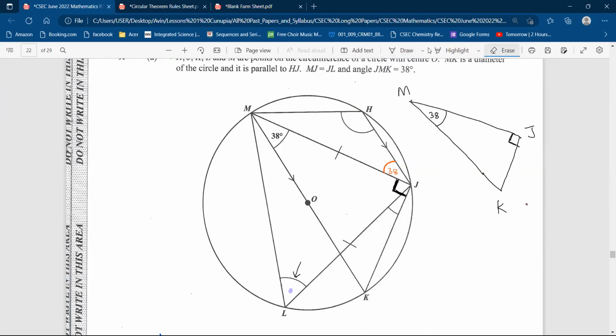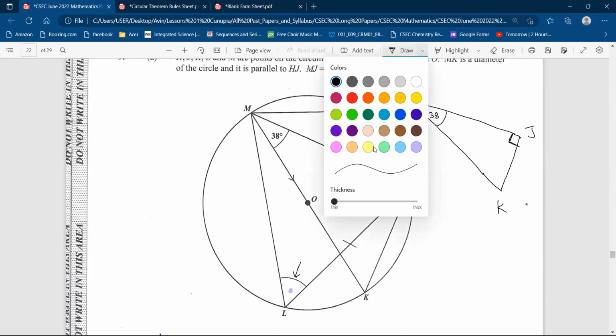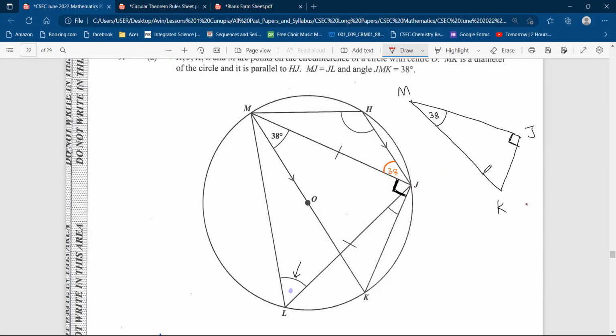All the angles in a triangle always add up to how much? 180. So I'm pretty sure that we can more than find this angle. I'm trying to color code it here, right? I'll put in a little dash here. And of course, that is this same angle over here. This angle and this angle is the same, right? So we add in 38 and 90 and minusing it from 180.